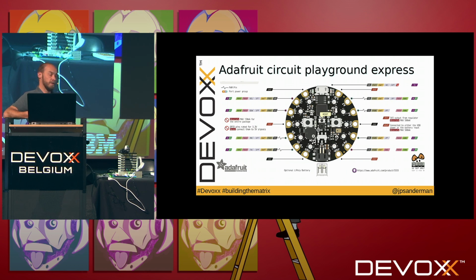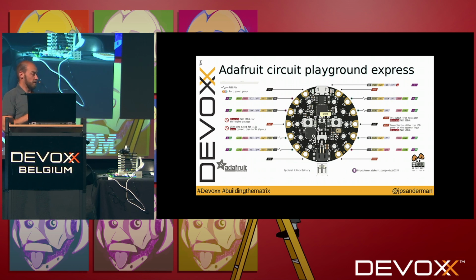So it has 2 push buttons, 10 NeoPixels that can light up in any color, a temperature sensor, a light sensor, an accelerometer, an infrared sender and receiver, and of course the GPIO pins, or actually the holes on the side. You can use them to connect hardware to, but they also act as touch input.